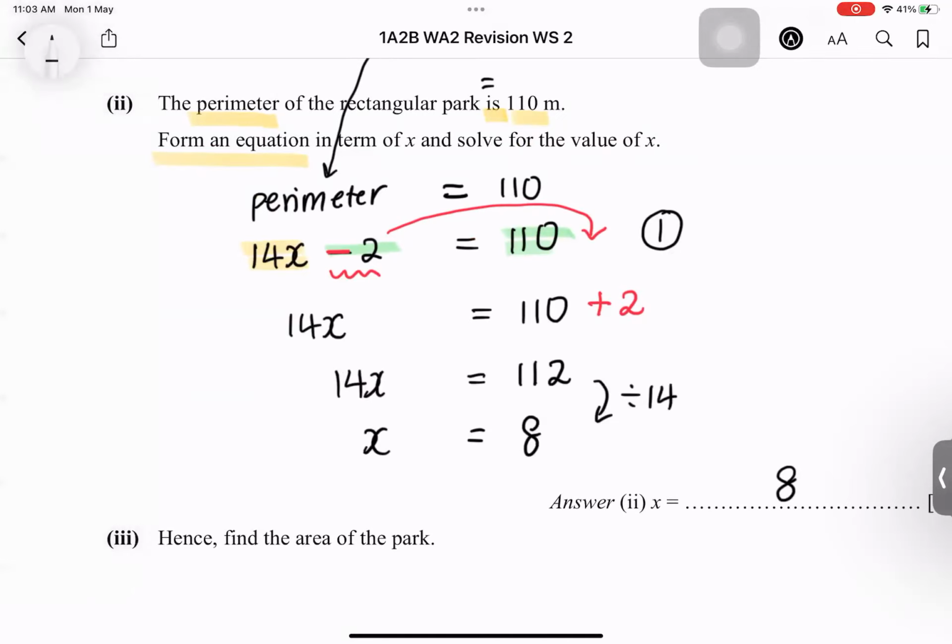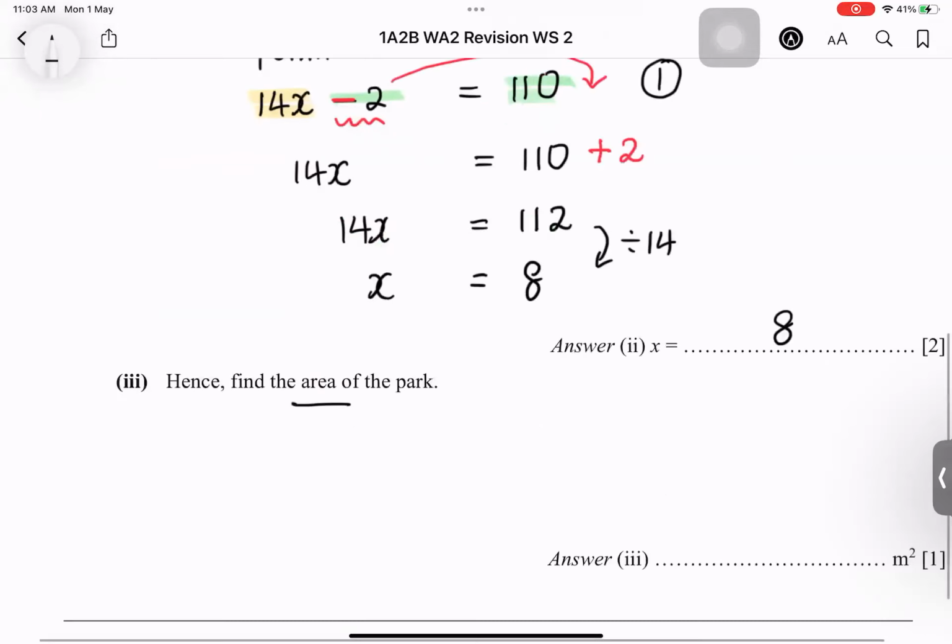Okay, hence find the area. How to find area? Area of rectangle? What's the area of a rectangle? 5x minus 2 times 2x plus 1. Wow, okay, you're very advanced. I only wanted length times breadth.